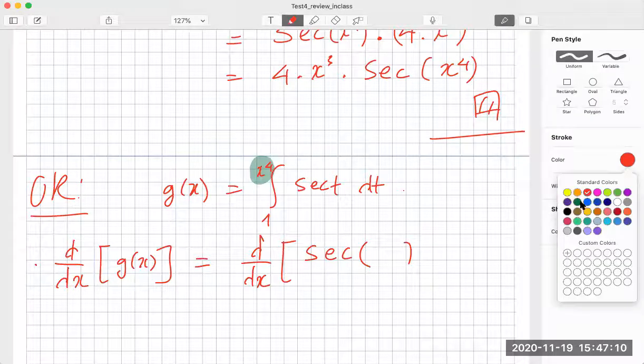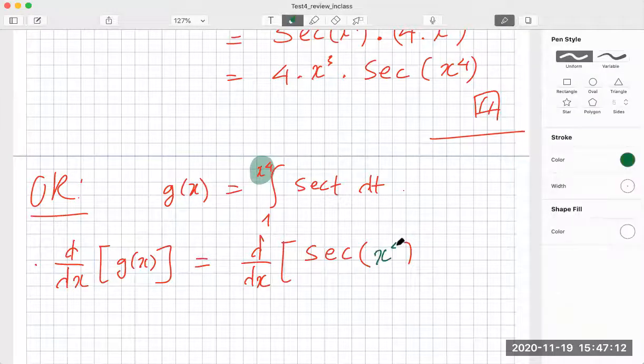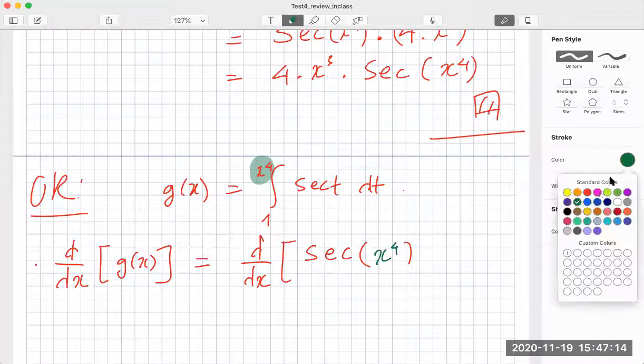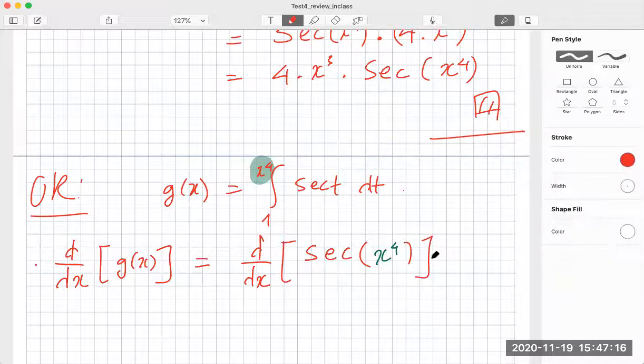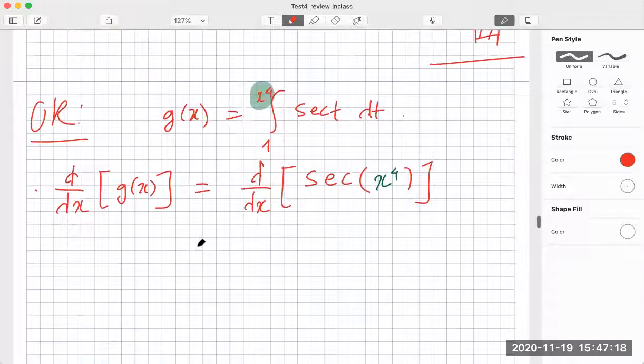So we can write it faster: secant of x to the fourth. And now we use the chain rule. The chain rule tells us that this is secant of x to the fourth multiplied with the derivative of x to the fourth.